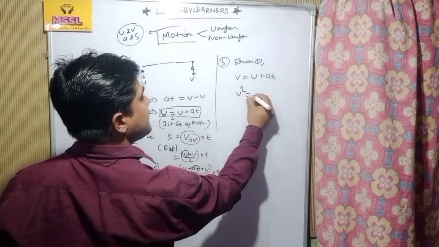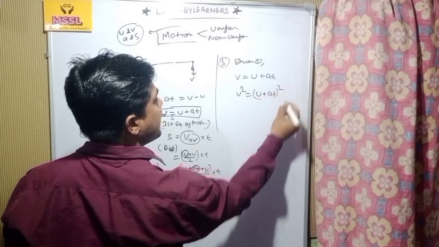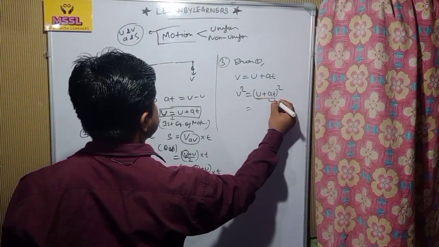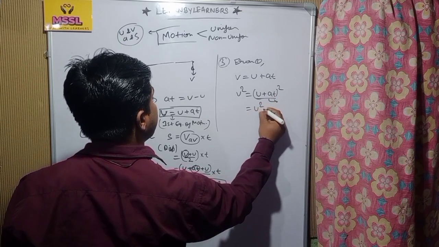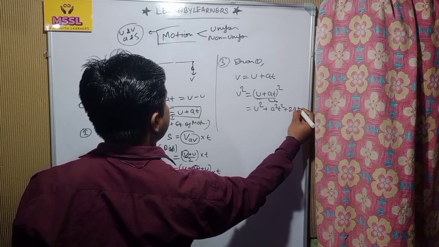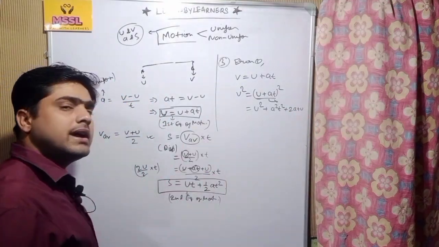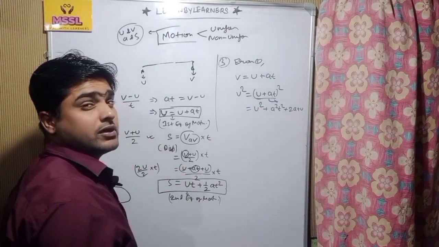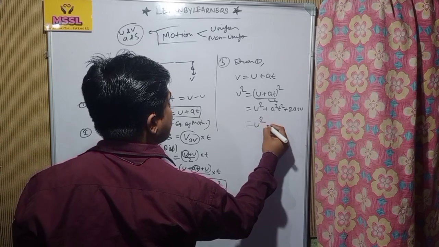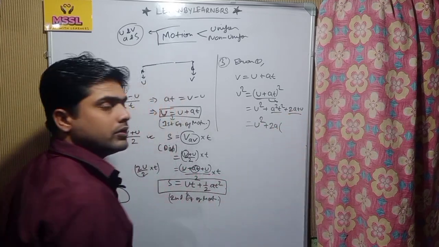So V square equals U plus at whole square. Now if we expand this, it will be U square plus a square t square plus 2atU. Are you clear with that? We use the perfect square formula, which you all know from algebra. So U square plus, we take 2a common, right?